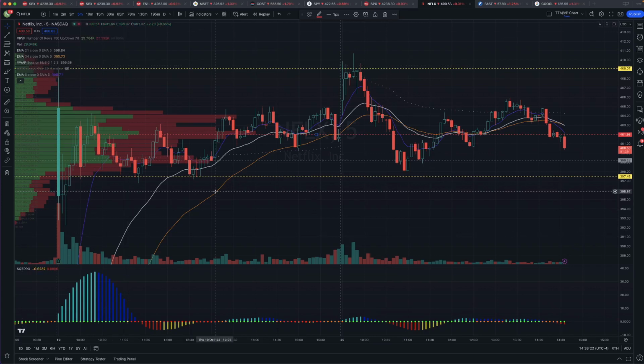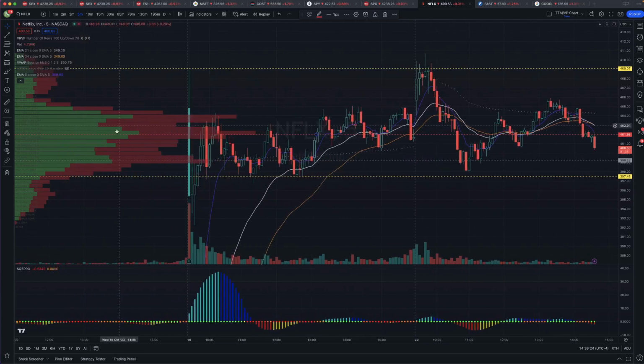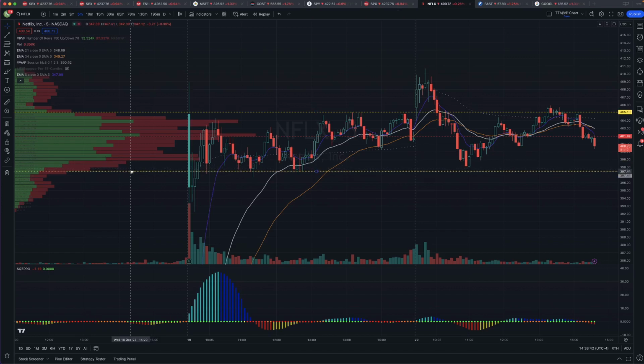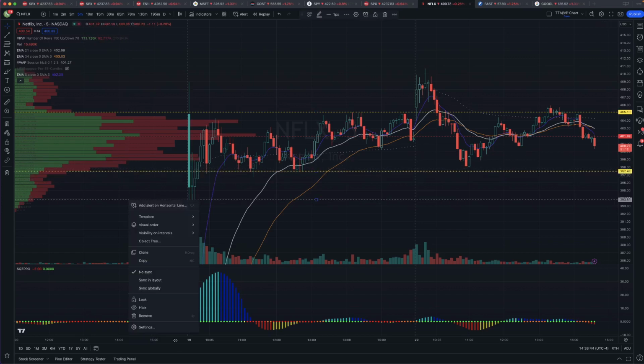Mark, you want me to explain point of control? Sure. This is a volume profile node. This is where a lot of people are trading. And in fact, you could bring this value area high to there, and the value area low is down here. And let me get rid of that line real quick.